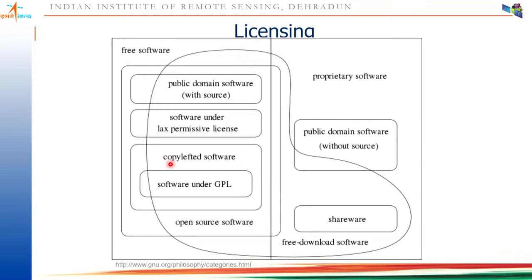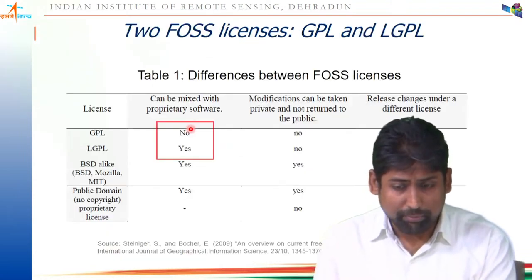If you make any modifications or changes to the existing software, it should still be free in future. Whereas certain softwares are released under a permissive license like the LGPL license, which says that you can release the software or mix the software with other proprietary softwares.